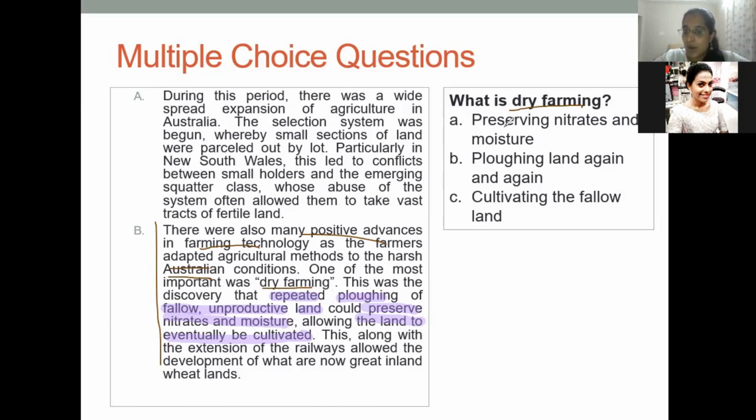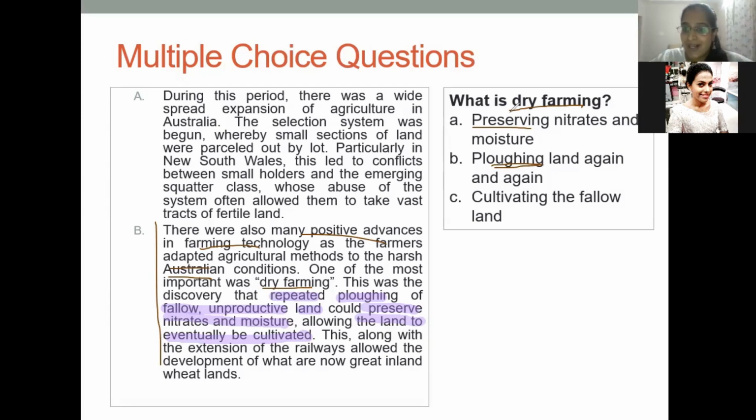The first point is one small part of dry farming. The second option, B, is another small part of dry farming. Why? Because the first sentence of dry farming says repeated plowing of land, plowing the land again and again. It doesn't stop there. What does this plowing do?